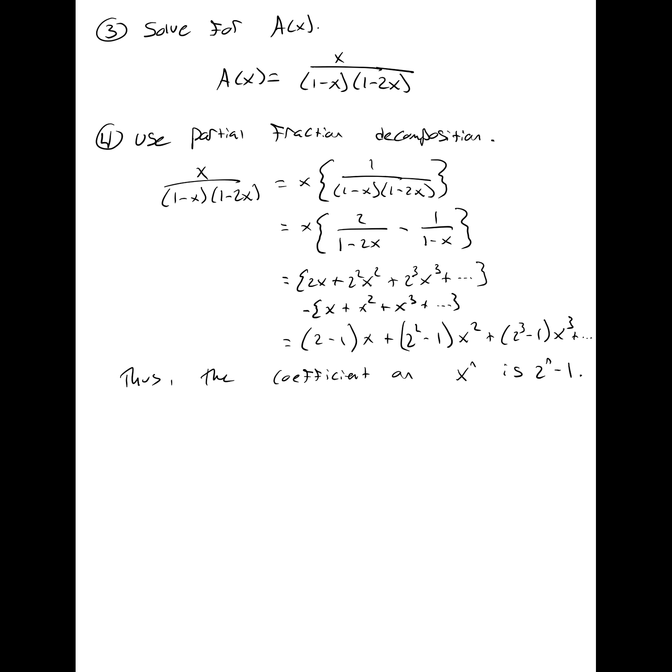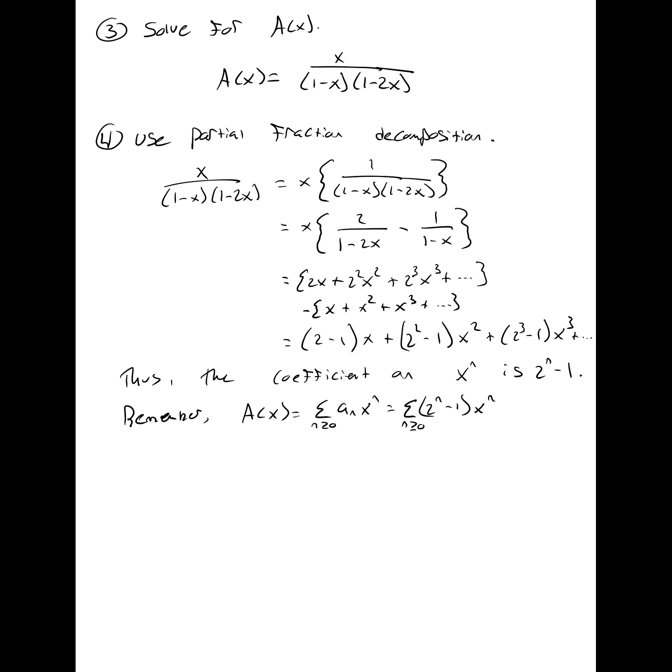How did we do this? Well, remember, a of x was originally equal to the sum of a sub n x to the n, but we just determined that it was also equal to the sum from n equals 0 of 2 to the n minus 1 times x to the n.